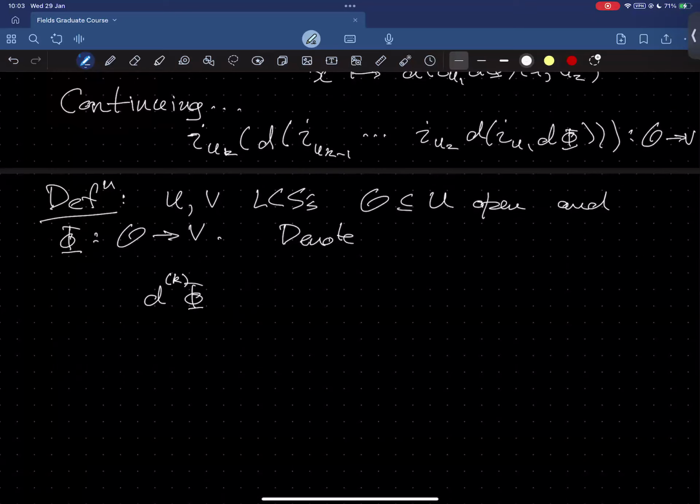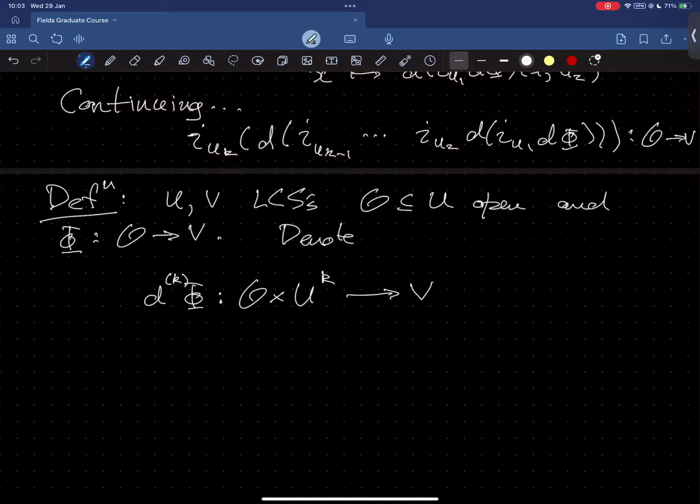This one is going to be a mapping from O cross K copies of U, corresponding, as we'll see, to the K U's here, into V.